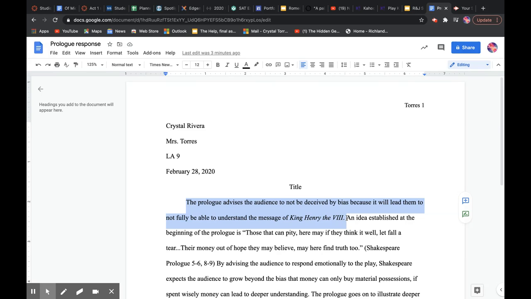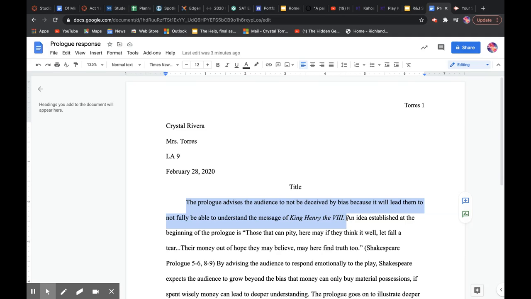The prologue advises the audience, and then I answer the question: to not be deceived by bias because it will lead them to not fully be able to understand the message of, and then I name the title of what I'm going to be referencing and pulling evidence from, which in this case is a play, King Henry VIII. So step one, again, make sure that you answer the question.